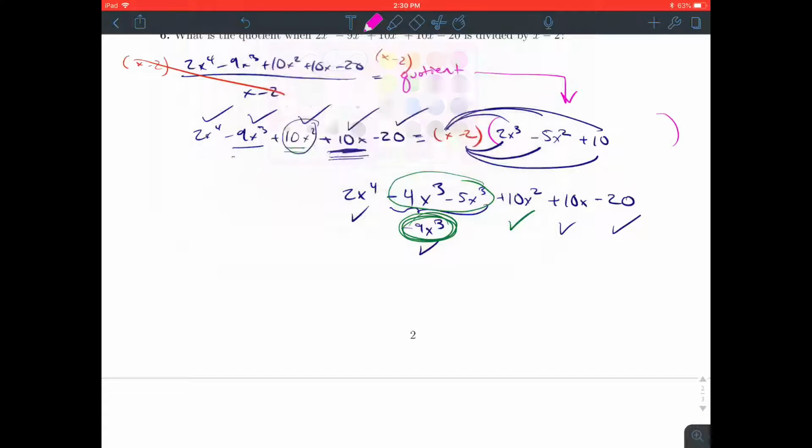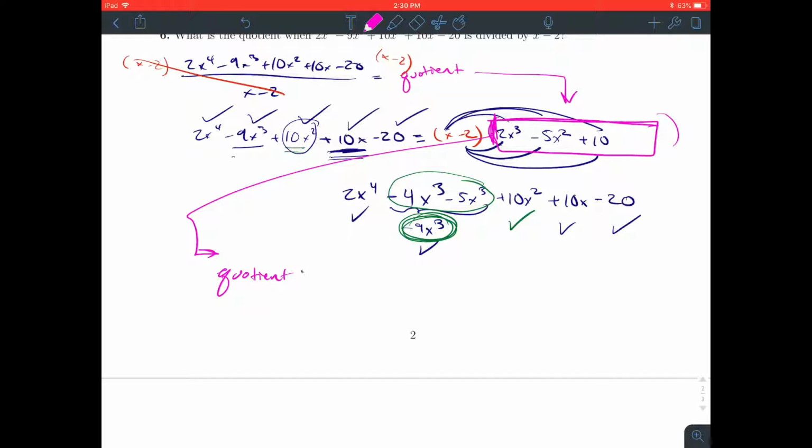So this one was a little bit different. Let's see how different. Let's pull the quotient aside. The quotient, the final answer to the problem, was 2x cubed minus 5x squared plus 10. So what was different about this one was, usually it takes two terms to generate the term that we're looking for, negative 9x cubed.